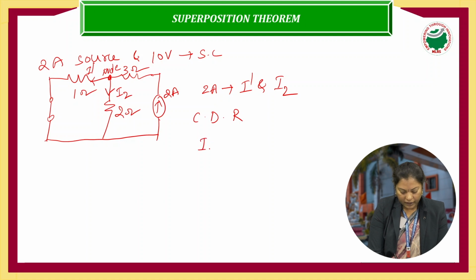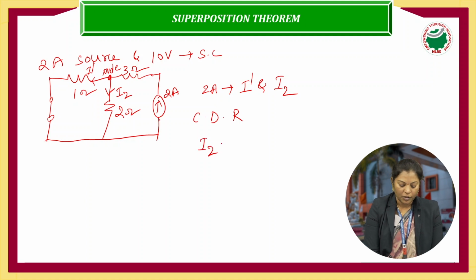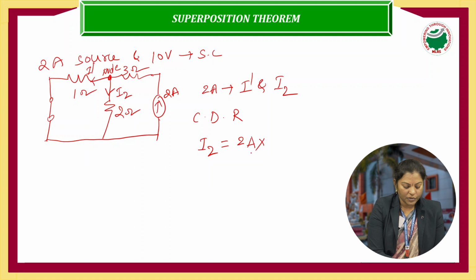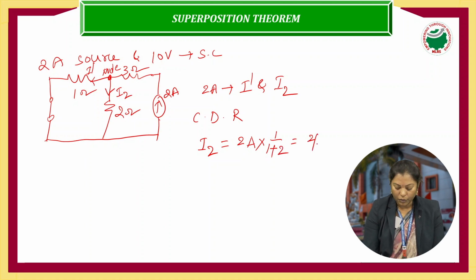I need to calculate the current in the 2 ohm resistor. By applying the current division rule, it is the total current, 2 amperes, into the opposite resistance. Opposite resistance means, for the 2 ohm resistor, the opposite one is the 1 ohm resistor, divided by the total resistance, which is the 1 ohm and 2 ohm resistors together. So we get 2 by 3 amperes. This is due to the 2 ampere current source.